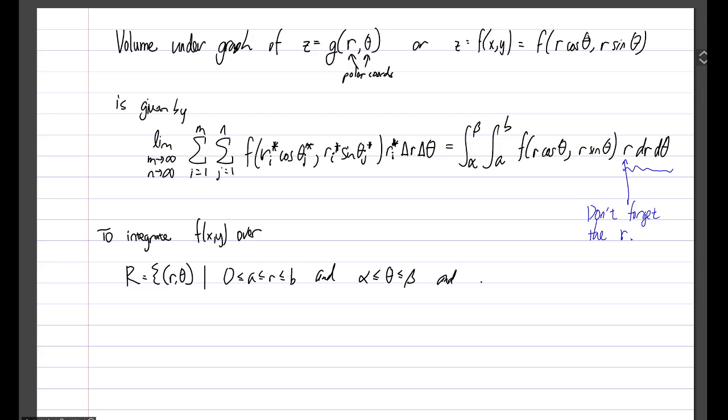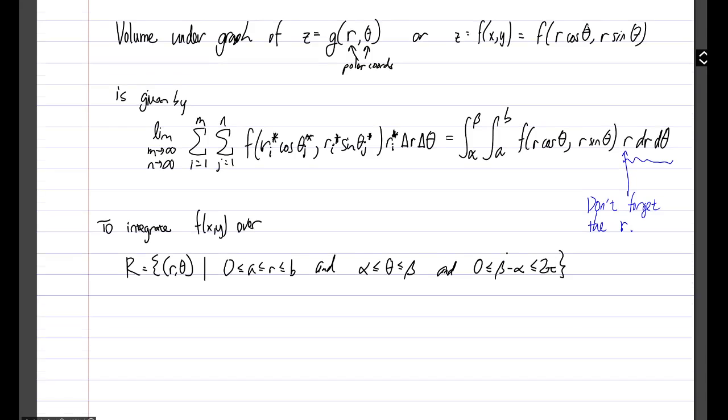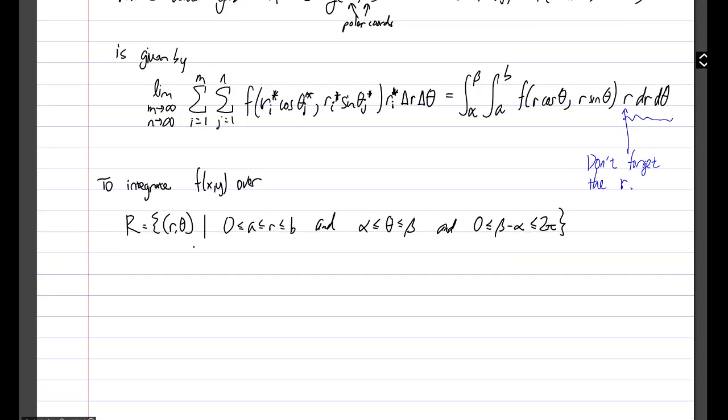And let's just, for one more thing, make some standards so that things don't cause too many problems; this is really for a technicality. The difference between the two angles, beta and alpha, needs to be between 0 and 2 pi. Don't worry about it too much in the beginning, but if you want to come back and ask what this is about, it's to ensure no funny business of repeating the same region over and over.